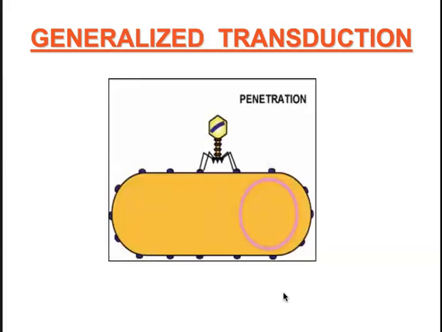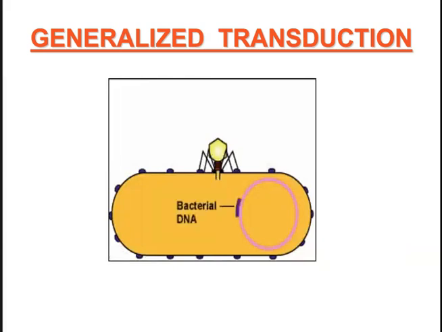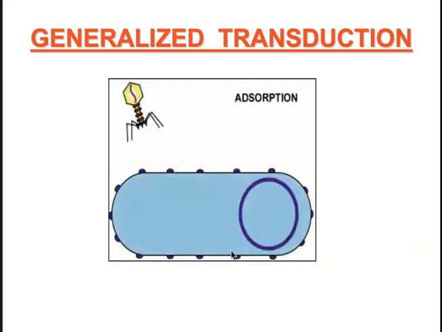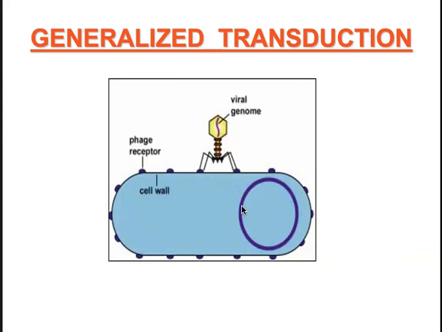And so it infects another bacteria, but the genetic material it releases is actually that of the first bacterial host. And so now this bacteria has gained genetic material from another bacterial host. So that's generalized transduction.